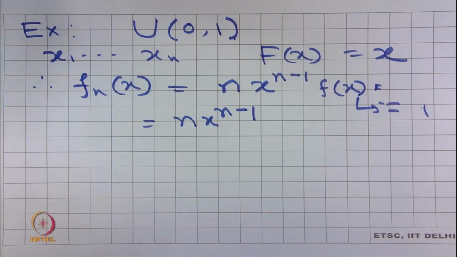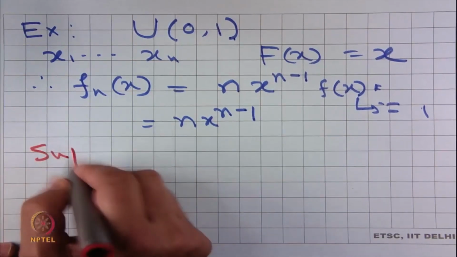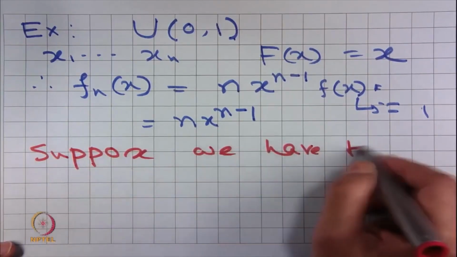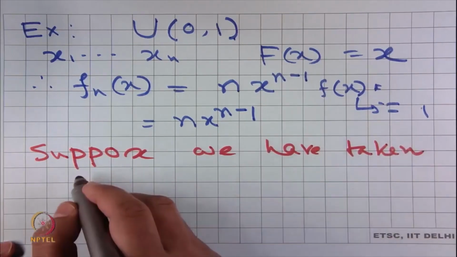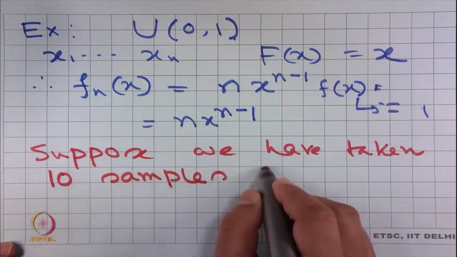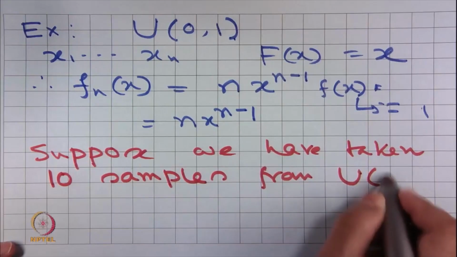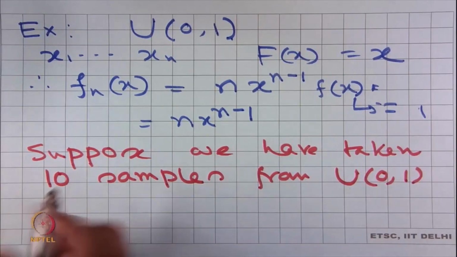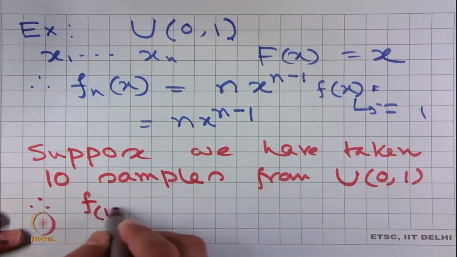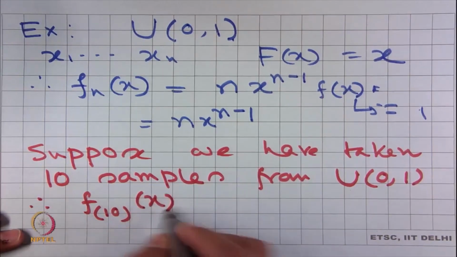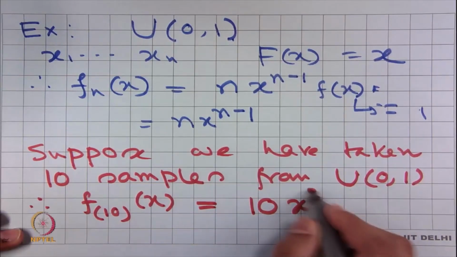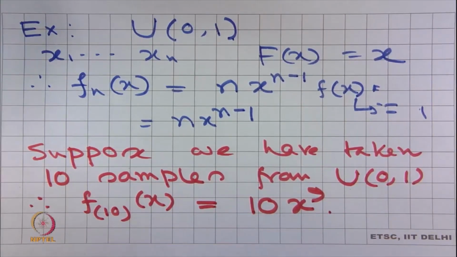So, suppose we have taken ten samples from uniform 0 1. Therefore, f10(x) is equal to 10 times x to the power 9, right.